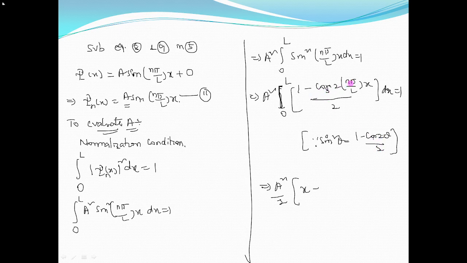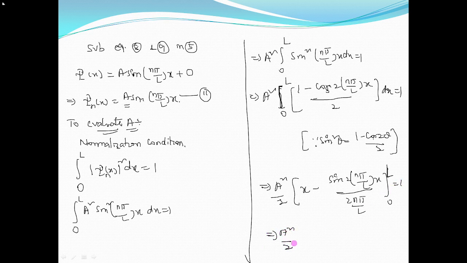So for cos 2 n pi by L into x, the integration is sine 2 n pi by L into x divided by 2 n pi by L. The limits are from 0 to L, which is equal to 1.